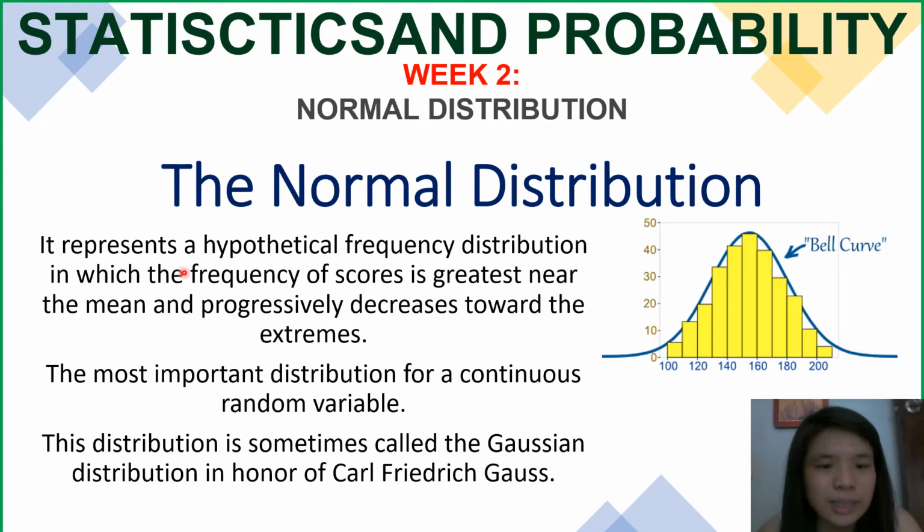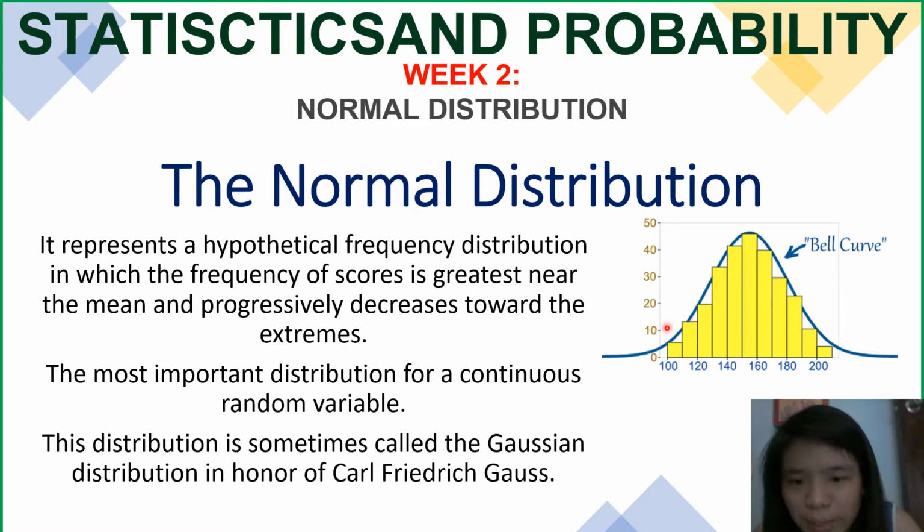So, it represents a hypothetical frequency distribution in which the frequency of scores is greatest near the mean and progressively decreases toward the extremes. So, kung makikita nyo dito, etong figure na to, sabi niya dito, the frequency of scores is greatest near the mean and progressively decreases towards the extremes.